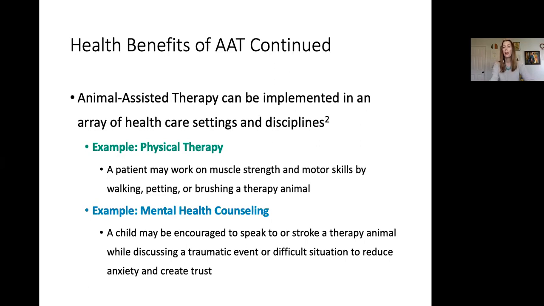And in mental health counseling, therapy animals have been used to try to elicit a bond and to help with dialogue and to get a client talking. This is especially successful with children and other groups who may be a little bit more high risk or more vulnerable.